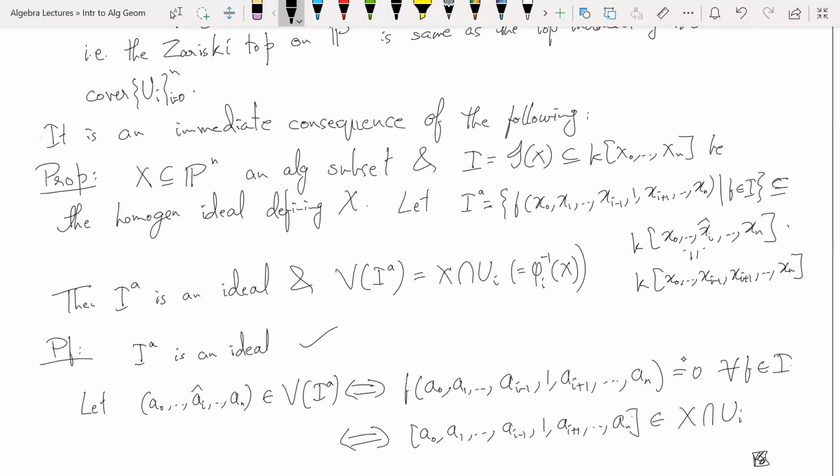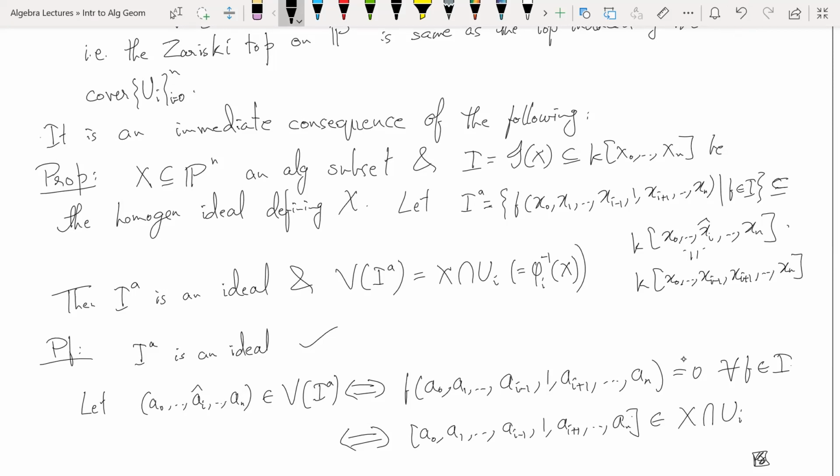The pen is acting funny today. Okay. This set is going to be an ideal, and the zero locus of this ideal, V of IA, is the same as X intersection Ui, or the same as phi inverse of X, if you think of Ui as An.